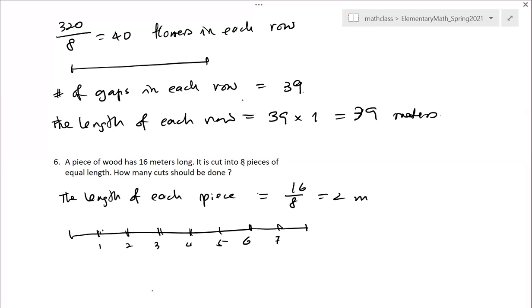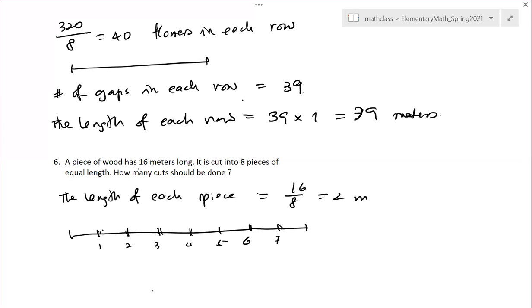It will be x minus 1. And the answer is independent of the length of the whole wood, because if I change 16 to 23 or 25, that doesn't change the answer.